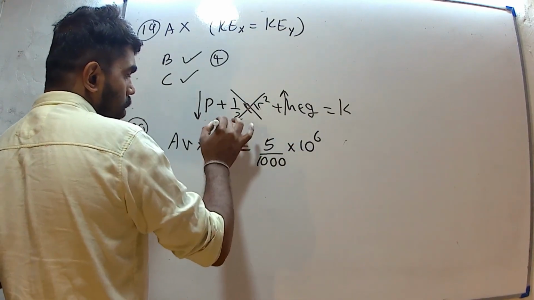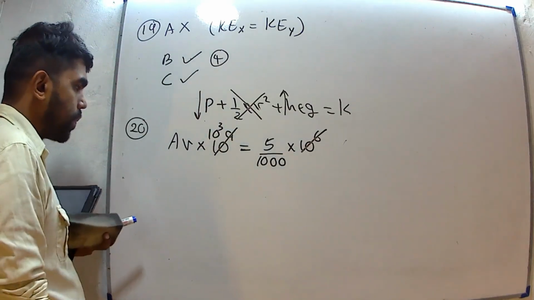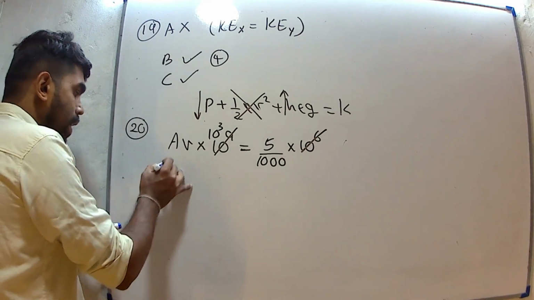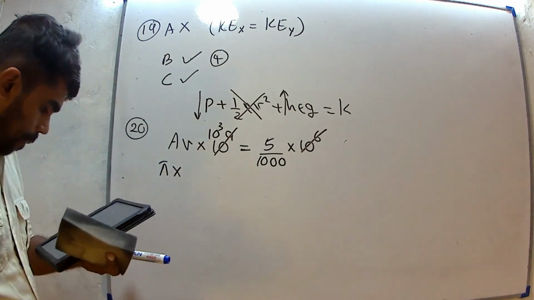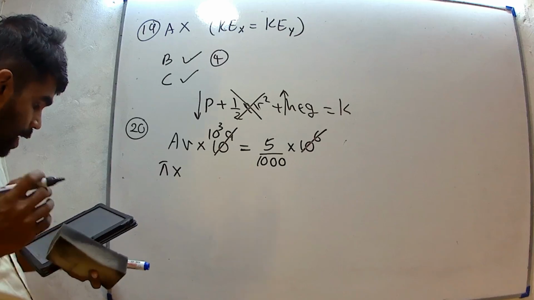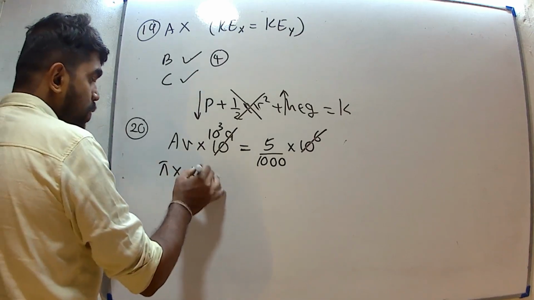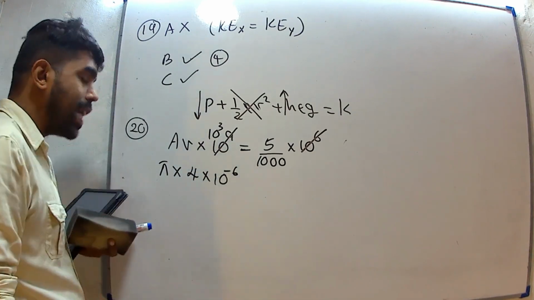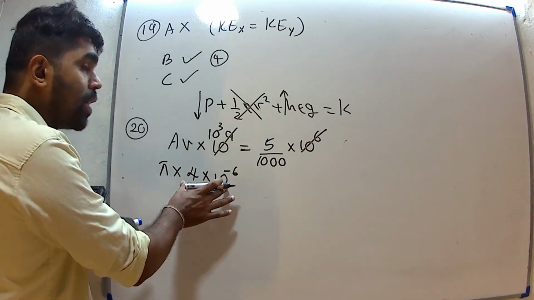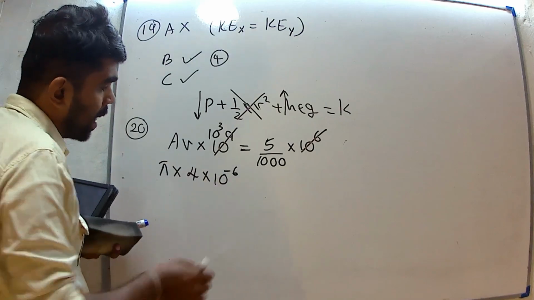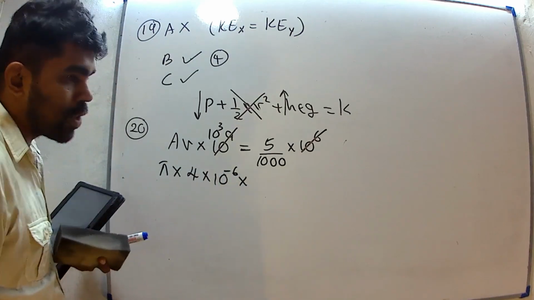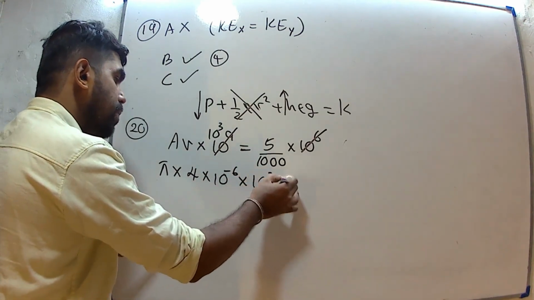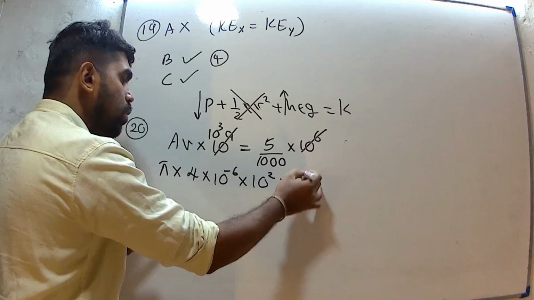Now we can cancel out 10 to the power 6. Cross-sectional area is pi r squared. The diameter is given as 8 micrometers, so the radius is 4 micrometers. But they have asked for centimeters, therefore we convert this meters value to centimeters. When converting meters to centimeters, we multiply by 100, into this 10 to the power 3 value.